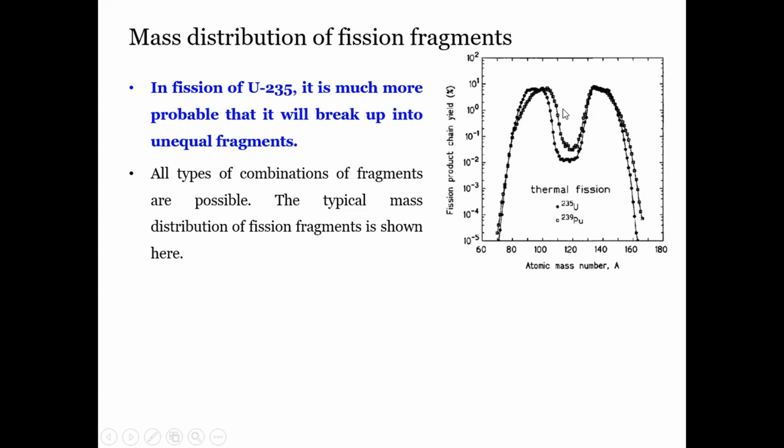But the unequal ones are really there, the small and the large. The large mass number and small mass number fission fragments are formed with two peaks.